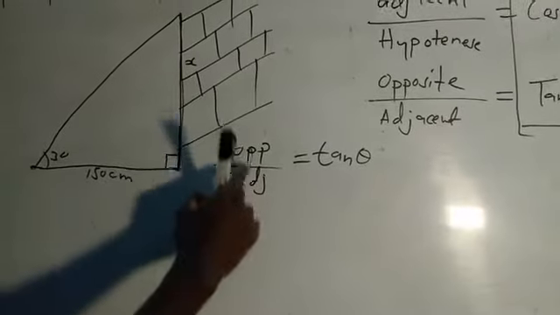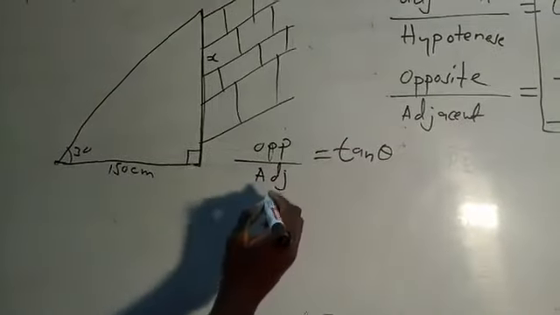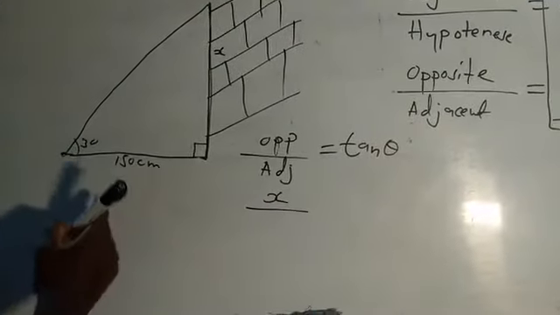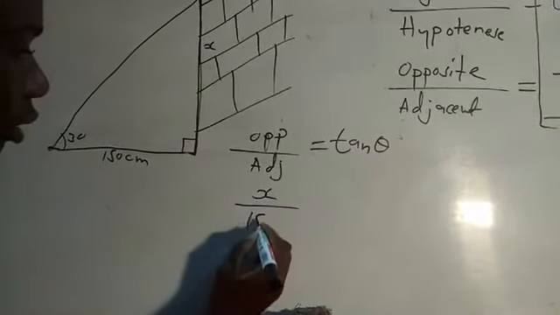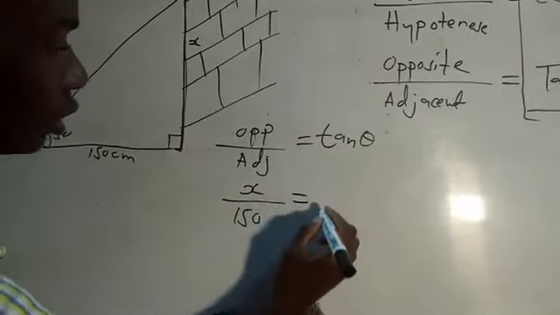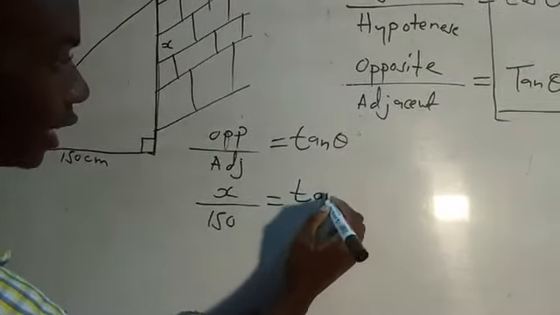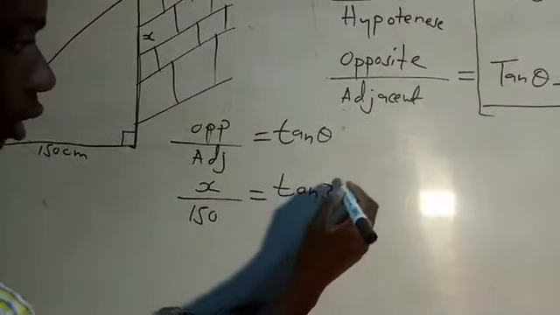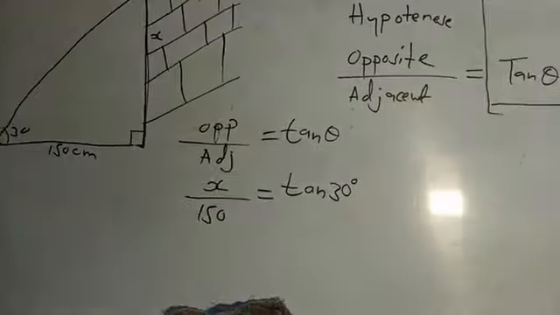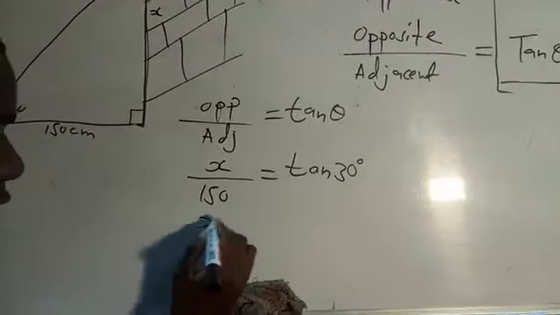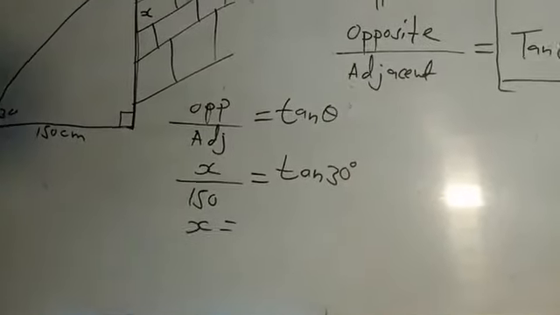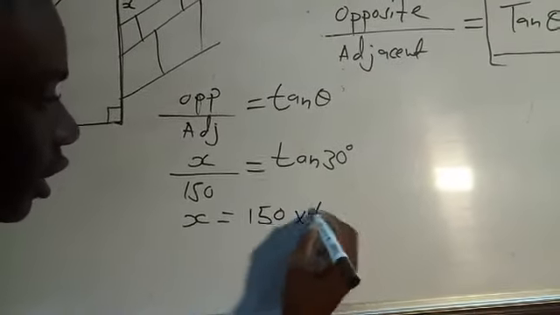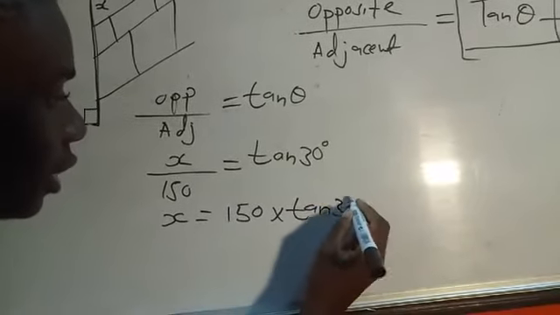It will be opposite, we named it x, over adjacent, which is 150, equaling to tan 30 degrees, which is the theta, meaning x will be equal to 150 times tan 30 degrees.